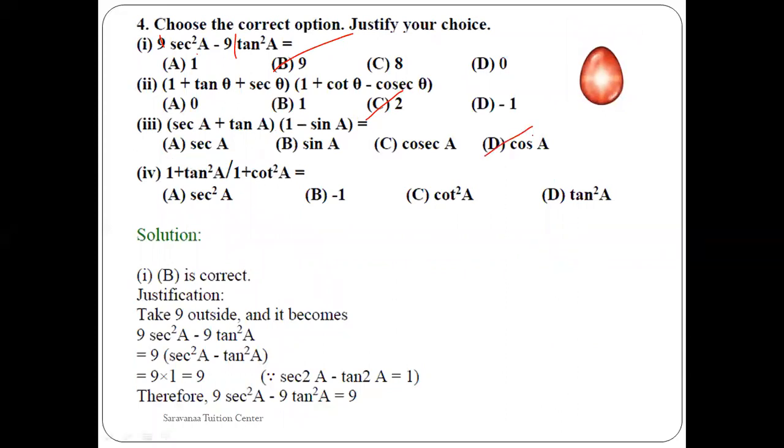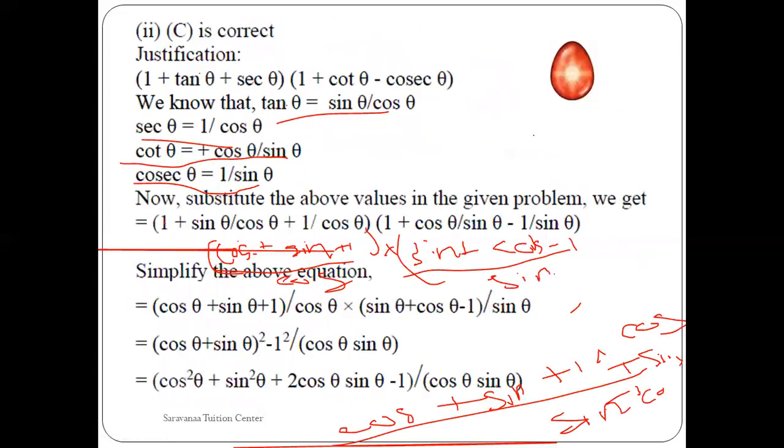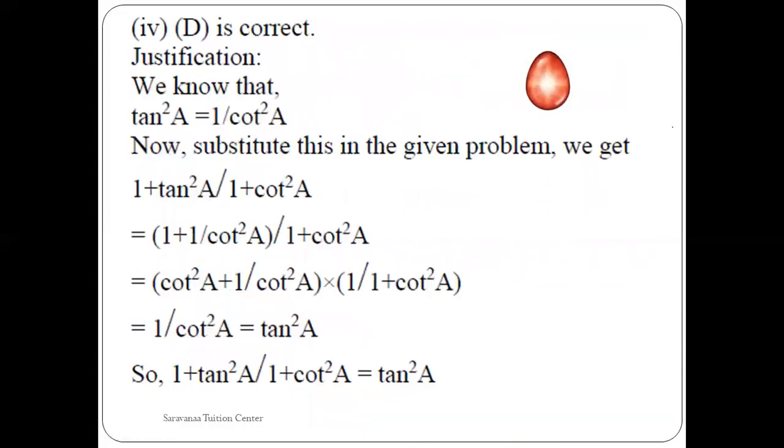1 plus tan square A. Next question. 1 plus tan square A by 1 plus cot square A equals what? So now, tan square A. Tan equals 1 by cot. So tan square equals 1 by cot square. Now substitute this in the given problem.